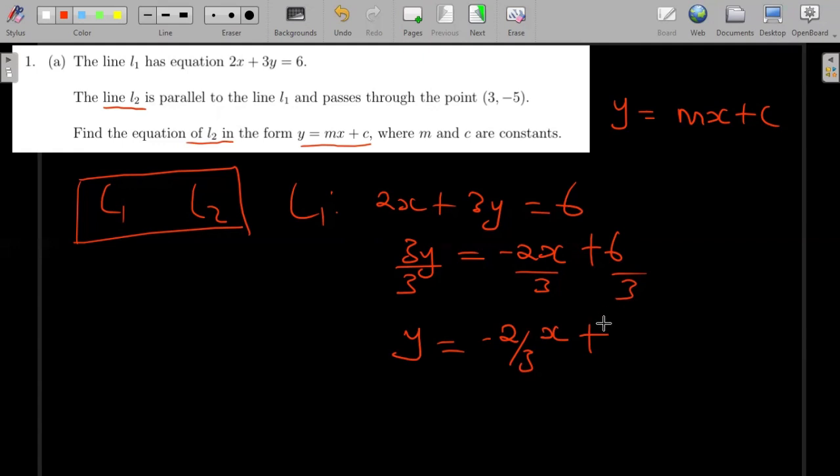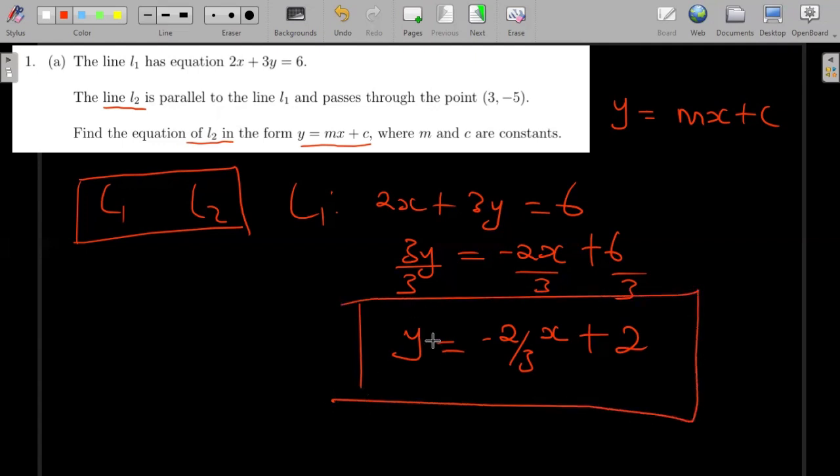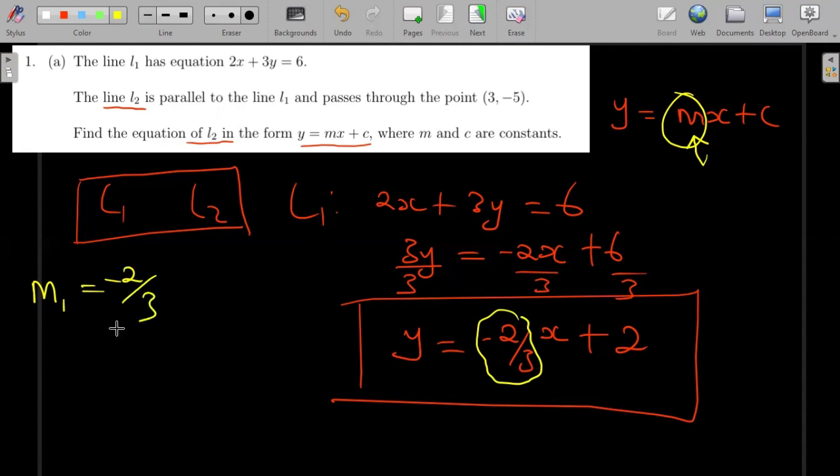We are going to get 2. So this here is the equation of line 1. The coefficient of x, which is m, represents the gradient. So the gradient of line 1, which we call m1, is equal to -2/3.